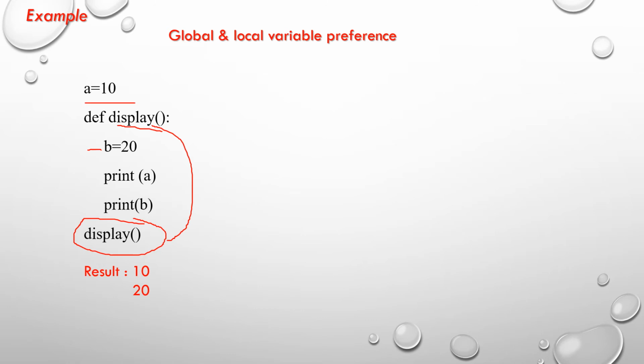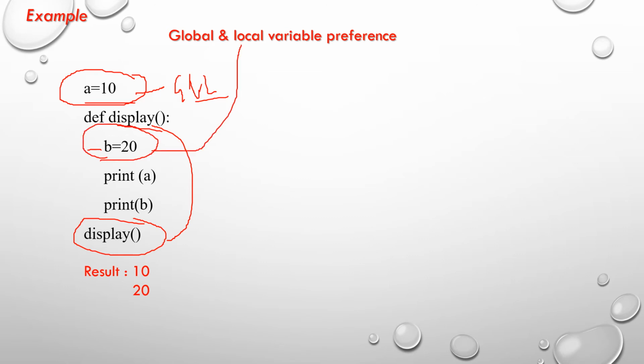Here a is equal to 10, which we assigned initially. Before the function definition, this variable a acts as a global variable. Here we assigned 20 to b, so this is the local variable.